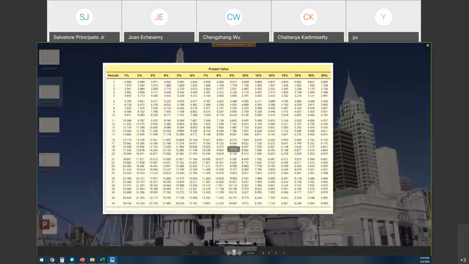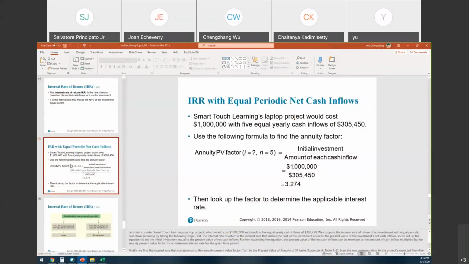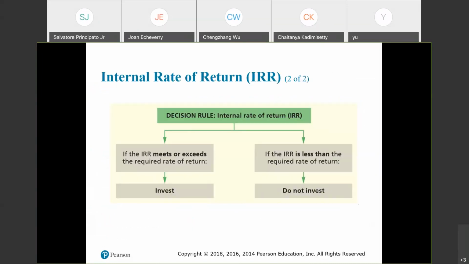If you can recall from the previous part, the company Smart Touch Learning required a minimum rate of return of 14%. And from this calculation, we know that the company's internal rate of return is 16%.